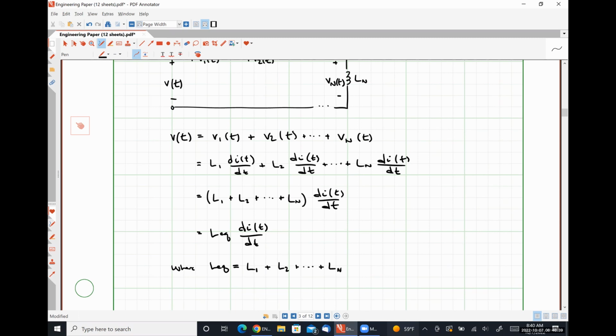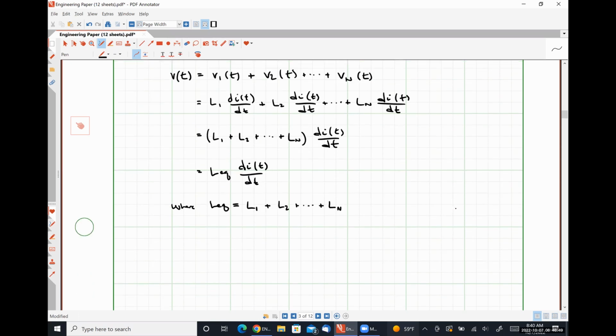Or put much more succinctly, inductors in series combine like resistors in series. We don't have to learn any new math and tips or tricks here. Okay?